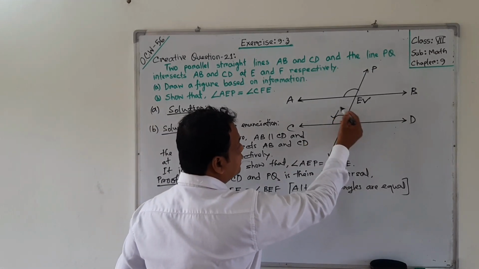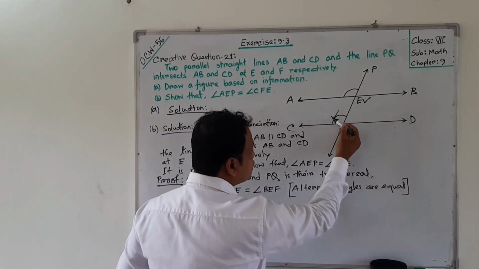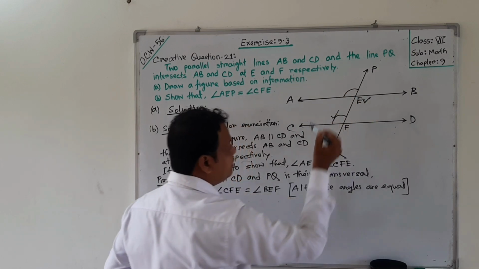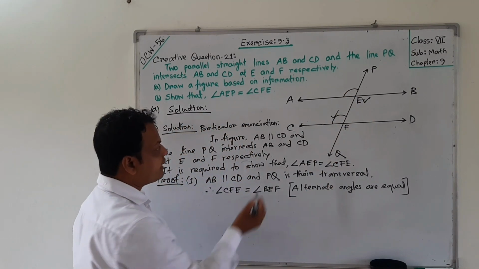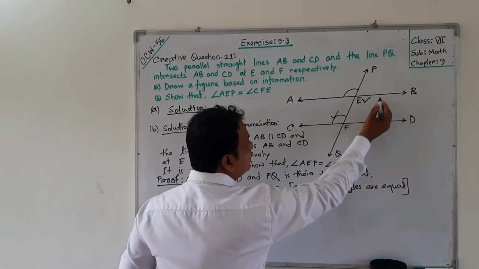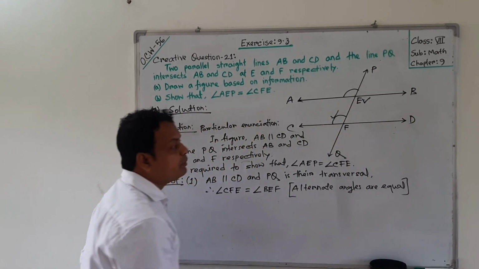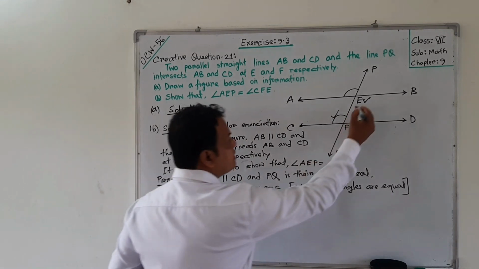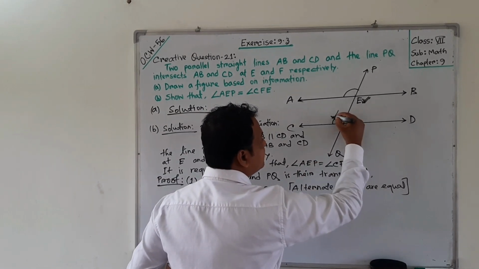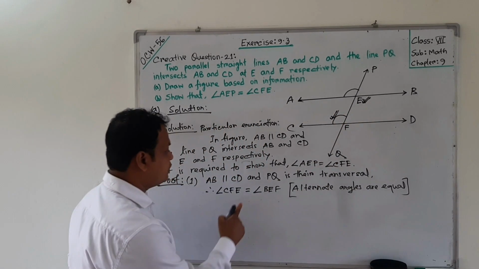On the opposite sides of the transversal we get alternate angles. So this one and this one will be equal because they are alternate angles. Angle CFE equals angle BEF. So we have got this part.